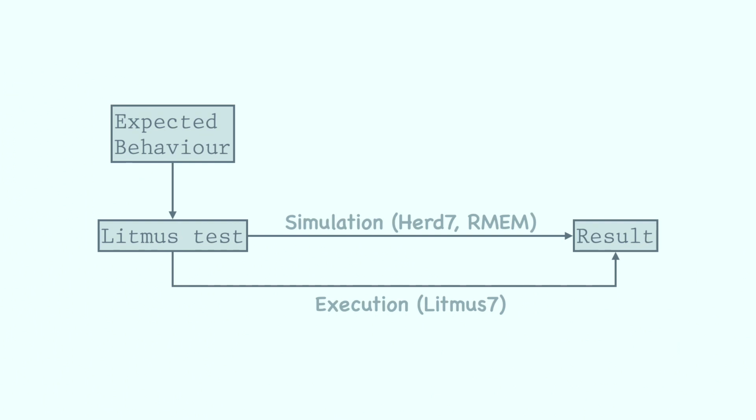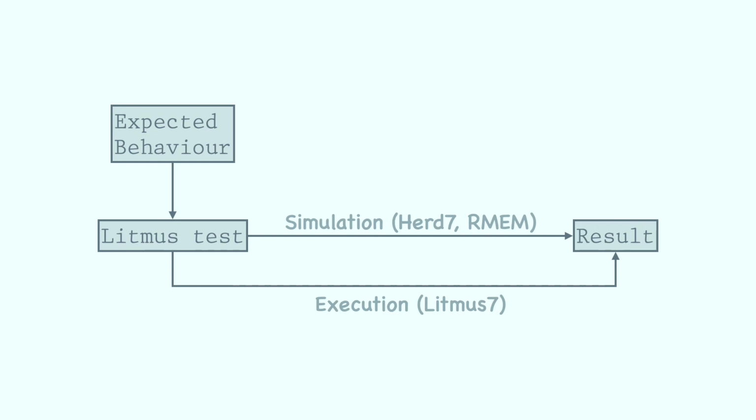We either simulate it over a model of the particular hardware that we're interested in, and this can be done by tools such as Herd7 and more recently by RMEM. And this gives you a result in the form of every possible state that could be observed theoretically on a machine of that memory model, and also whether the post condition was satisfied or not.